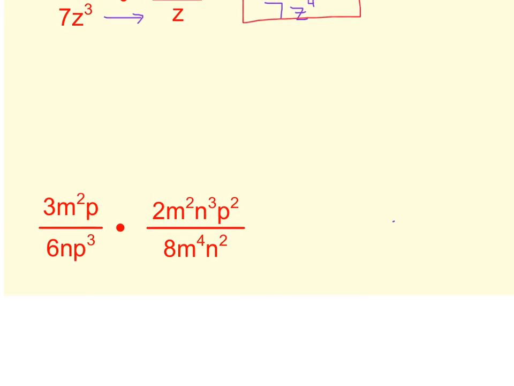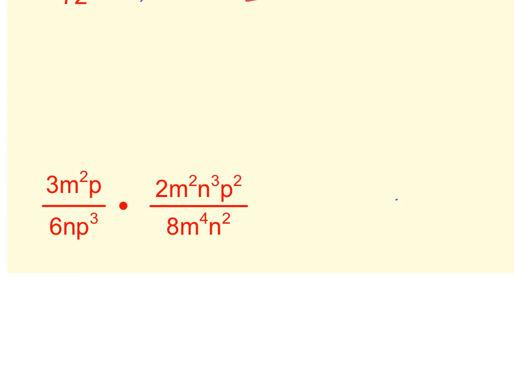All right, so here's another example. We're multiplying two rational functions, so we will start by multiplying straight across, again because there's no factoring that we can do, and you'll see how those problems work later. We go straight across, multiplying coefficients first. We have 3 times 2 gives us 6.